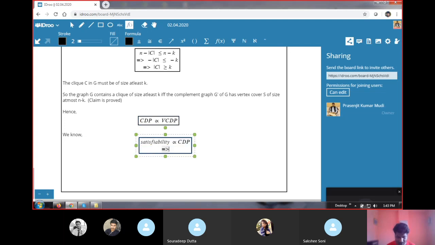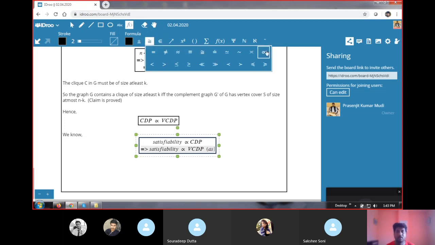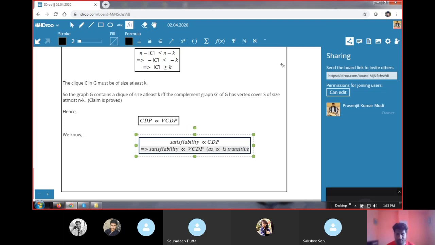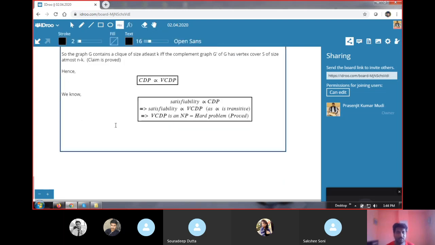So in the next line we can say that satisfiability reduces to VCDP as reduction is transitive. So VCDP is an NP hard problem. Proved.